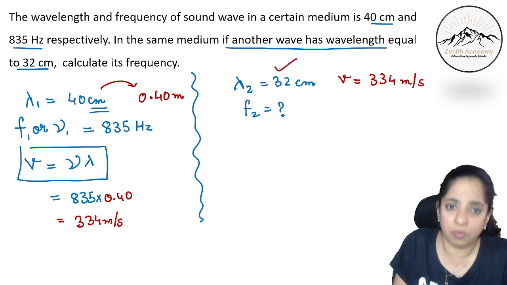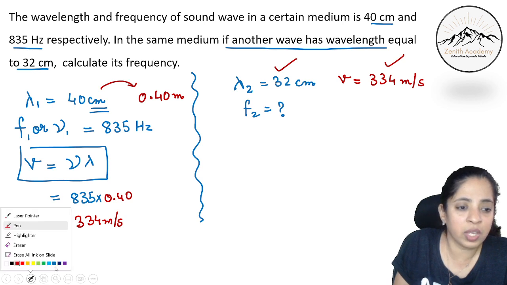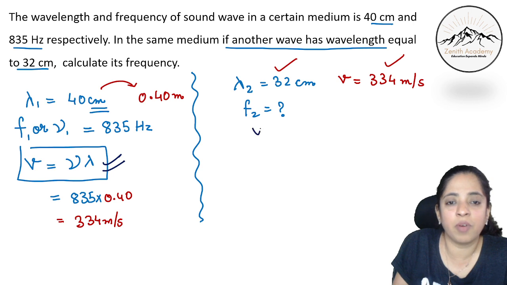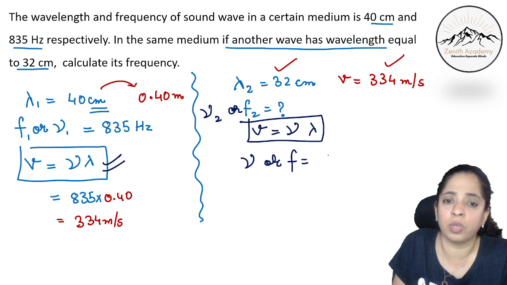The same velocity we can take here, 334 meter per second. Now we have wavelength, we have velocity. Can we find frequency? Yes, we can, from the same formula. First we will write the formula: velocity is frequency into wavelength. So we have to find frequency, and whatever you are comfortable with, write it: frequency is velocity upon wavelength.